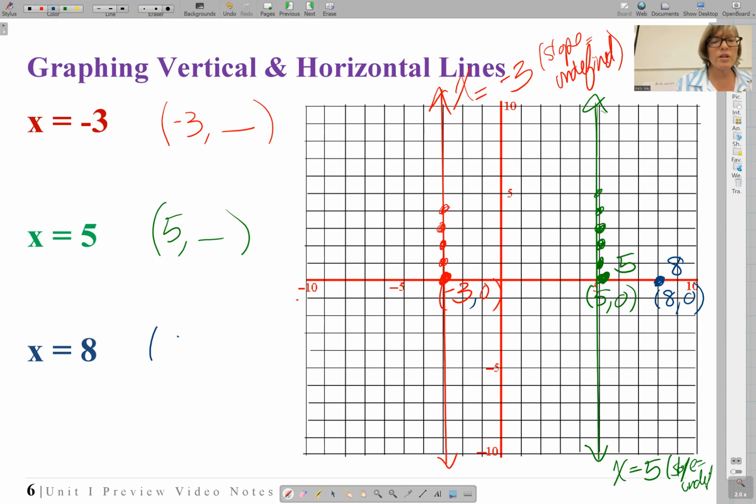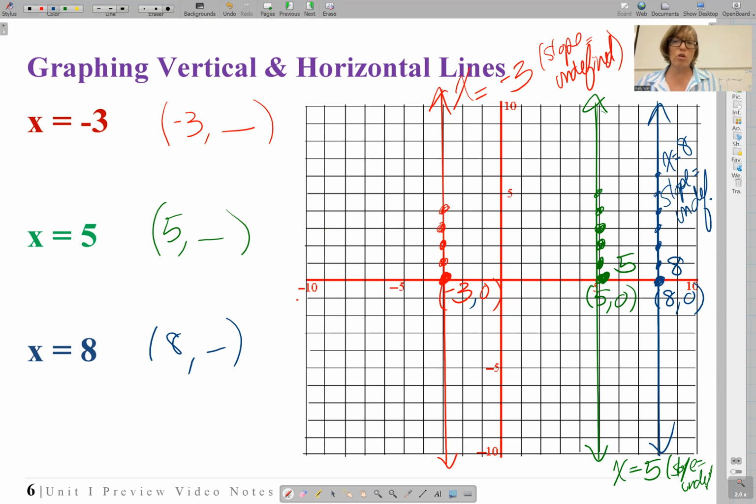Technically, that's 8 comma something. That's going to be (8, 0), (8, 1), (8, 2), (8, 3), all the points where x is 8. Using a straight edge, x equals 8. And again, the slope is undefined, or no slope. So be very careful. x equals -3, x equals 5, x equals 8 are not points. They're lines.